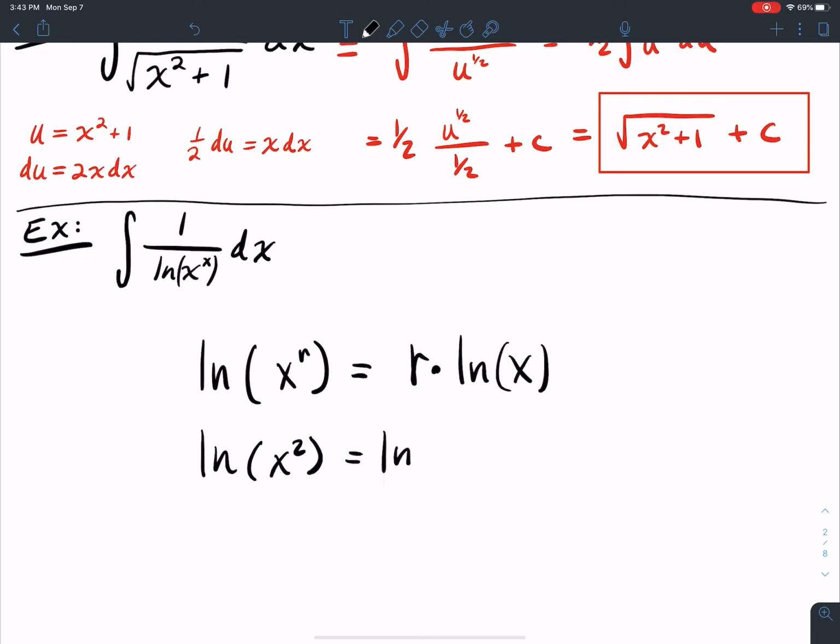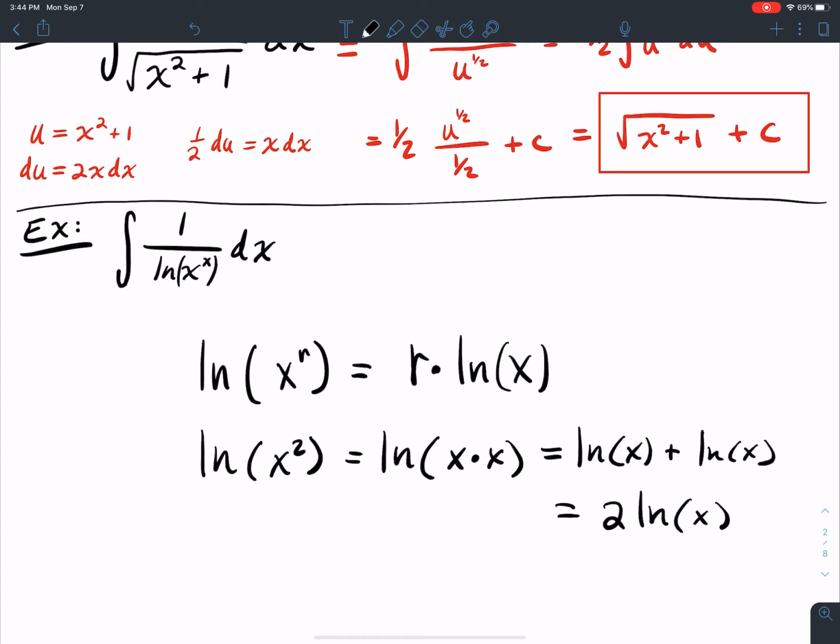Remember, x squared is x multiplied by x. And if I have multiplication in the argument of logs, that's the same as adding those logs. And so I have 2 ln x, 2 of those ln x's there. So you see how we skip from having the 2 in the exponent to having it as a coefficient out front, just like that.